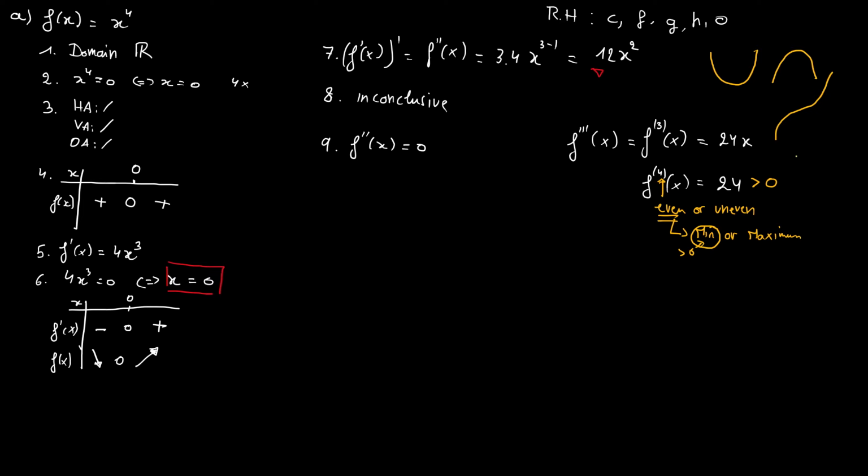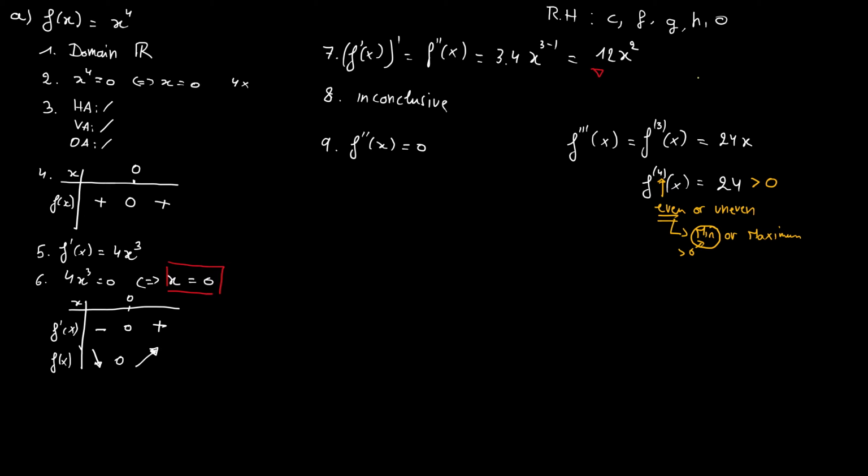This means that this point over here is also where the derivative is equal to 0, but it's just a part where the function changes its shape a little bit. It changes its shape here.